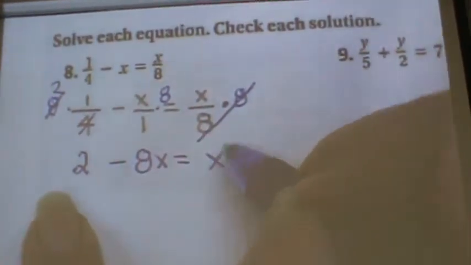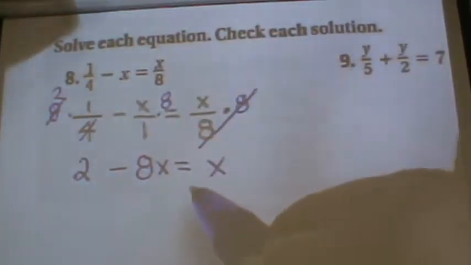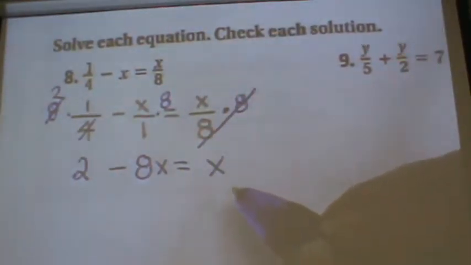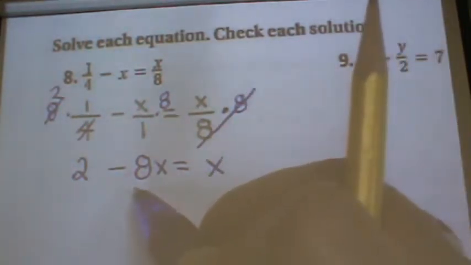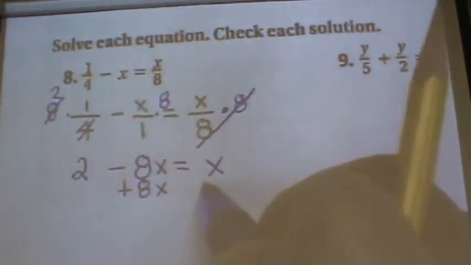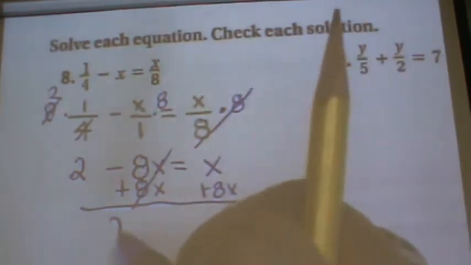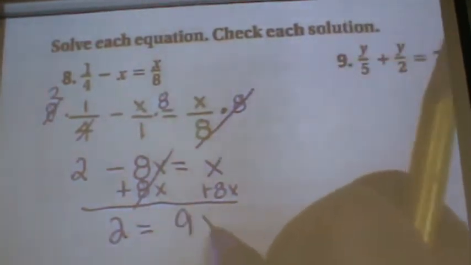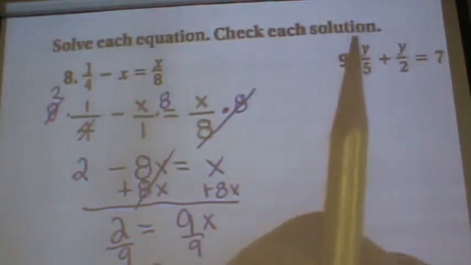X. Now this looks funny, but can you finish it? You're not going to get an integer. You're going to get a fraction for an answer. What do you get? You want to bring this over. Add 8x, that's 9x. A lot of people think that they're doing it wrong because of the kind of answer that they get. Divide by 9, so your answer's 2/9.